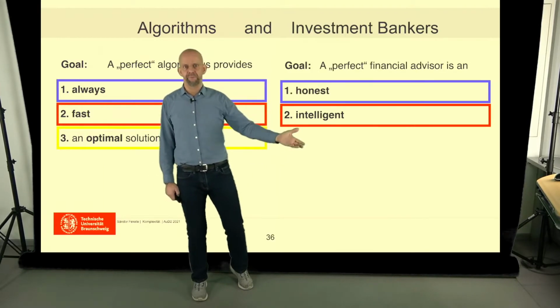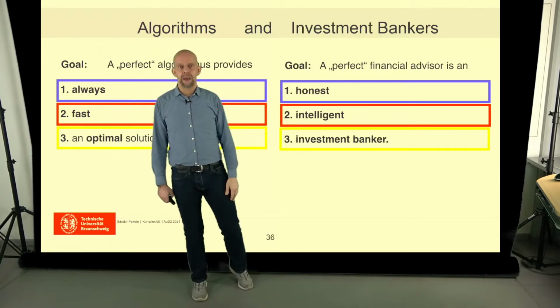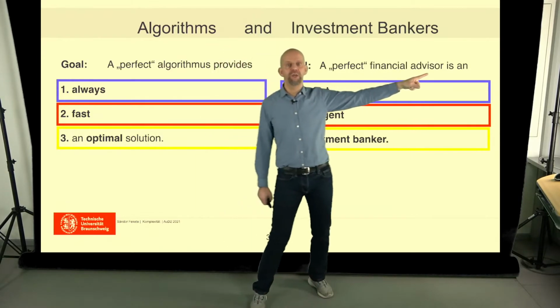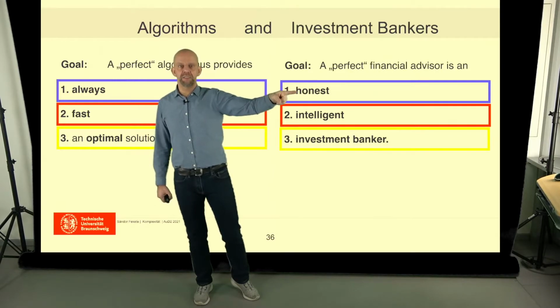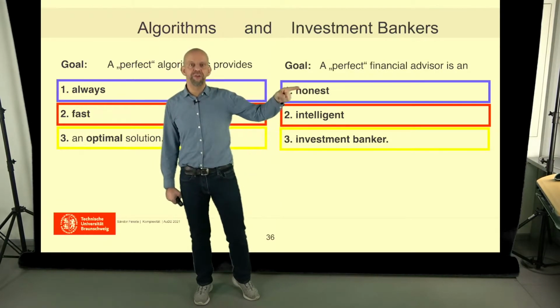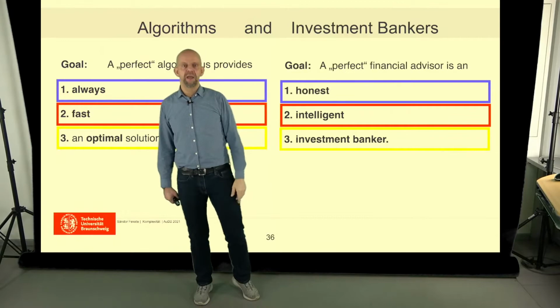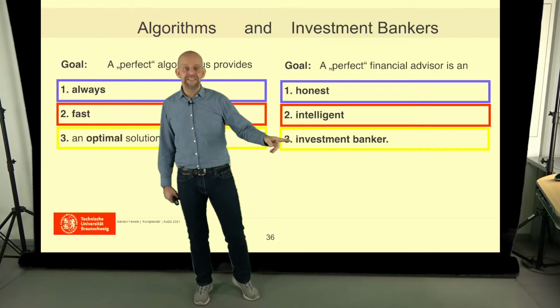So maybe somebody who knows this stuff, an investment banker. Now, the thing is, word is that doesn't exist. There is no such thing as an honest, intelligent investment banker, because if you fix two of these properties, if you have somebody honest and intelligent, that's not going to be an investment banker. If you have somebody who's an honest investment banker, that person's not going to be intelligent. And if you have an intelligent investment banker, that's not an honest guy.